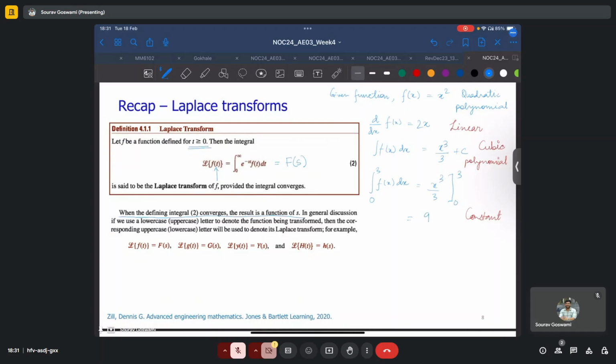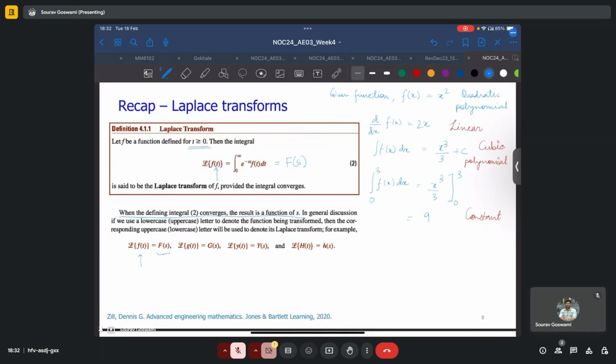So in fact, we changed the domain. Originally we were working in the t domain, now we have ended up in the s domain. And the way to distinguish these two is by changing the case. So if your original function was a lowercase letter, such as in the example given here, your Laplace transform is typically denoted by an uppercase letter, but it can be reversed also.